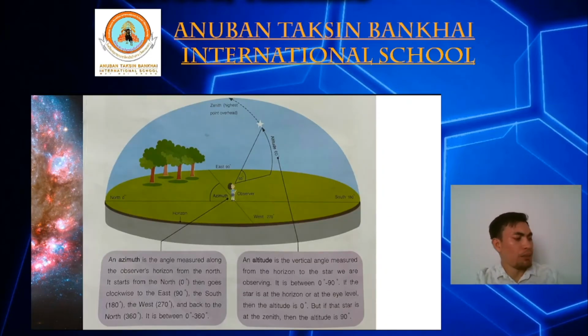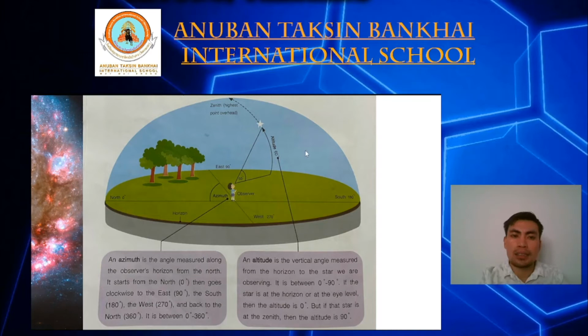It is found in your book, page 248. We have here a clear illustration of azimuth, the angle from the north where you are standing. We also have the altitude, from the horizon going up to the sky, or to where the star is.